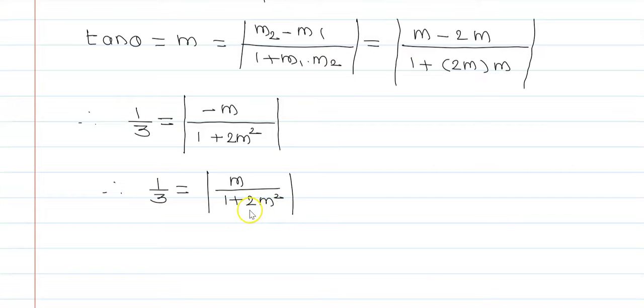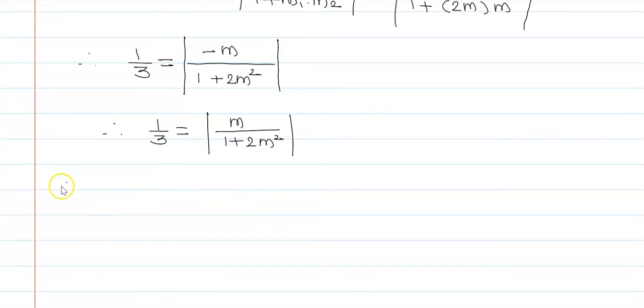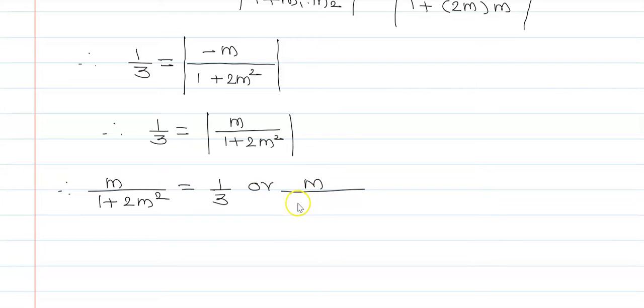Okay, we drop the mod sign, then we have m upon 1 plus 2m square is equals to 1 by 3, or m upon 1 plus 2m square is equals to minus 1 by 3.